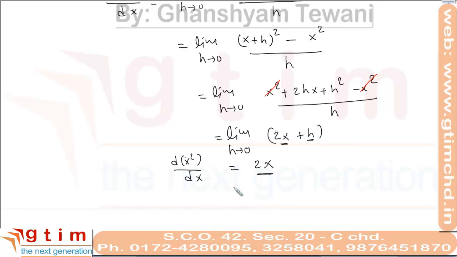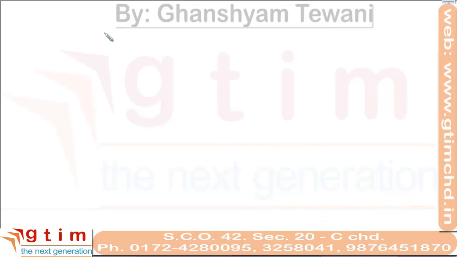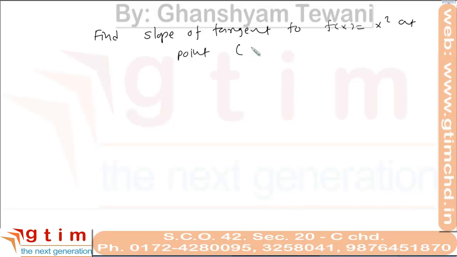This is actually the rule of finding the change in value of x square when there is a change in value of x. Suppose we have been asked to find the slope of the tangent to f(x) is equal to x square at point (2, 4).